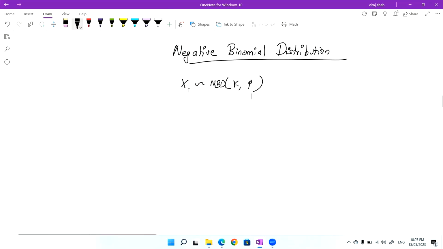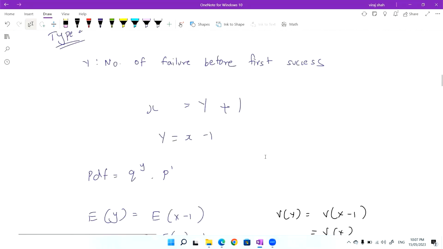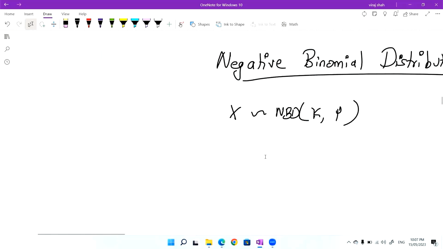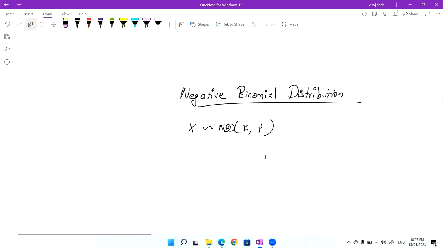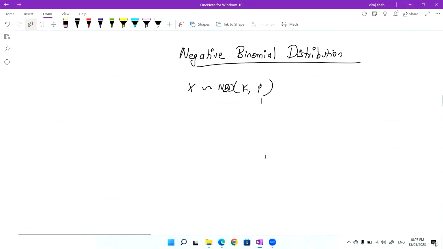So every time you don't model your first success, you want 10 successes. Suppose you're modeling how many times a cricketer hits 6. You want 10 sixes in like 50 balls, 70 balls. So you want it with respect to multiple sixes, not a single six. Single six doesn't win your matches, okay? But with respect to 10 sixes, you have won the game.